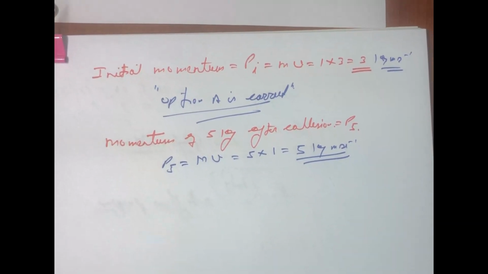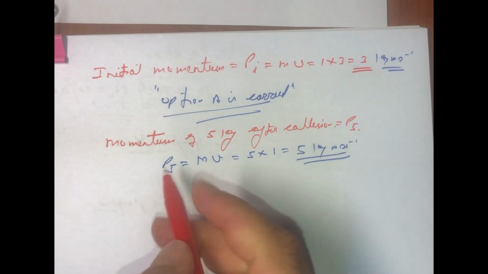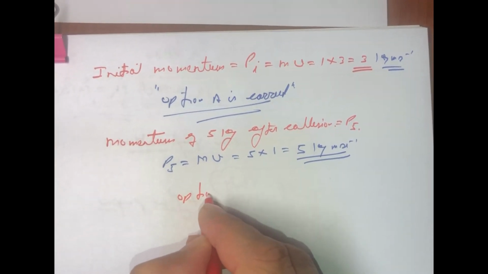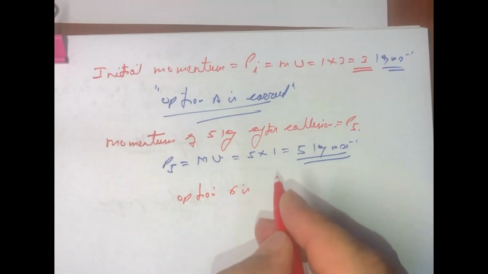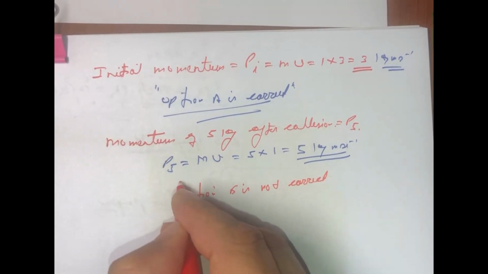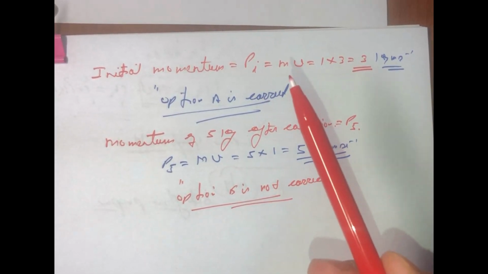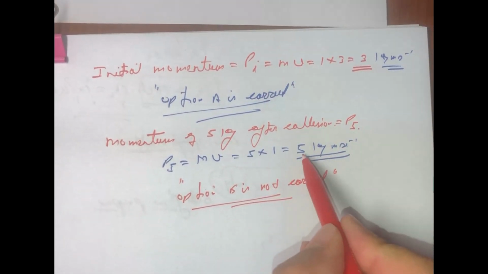Therefore, option B is not correct, because in B it is given as 4 kg meter per second, whereas it is 5.